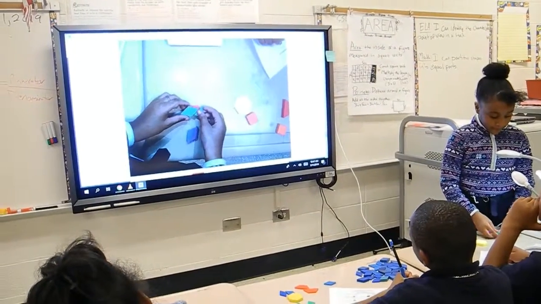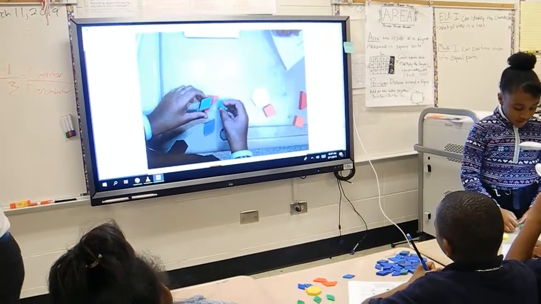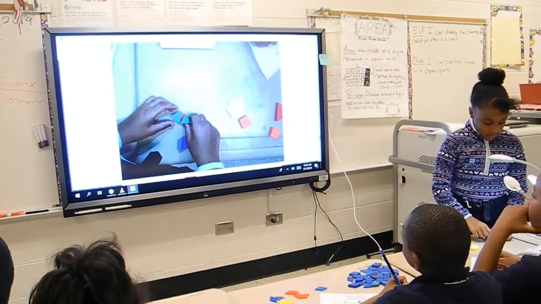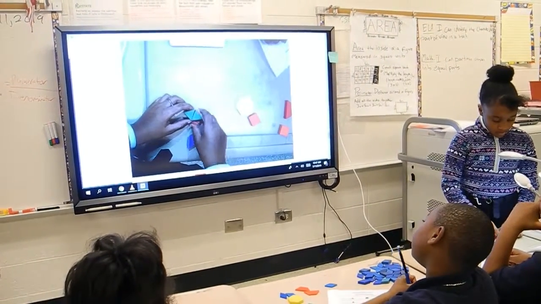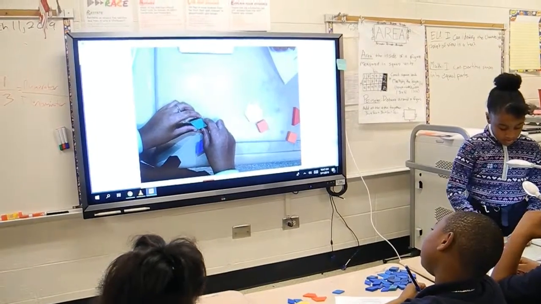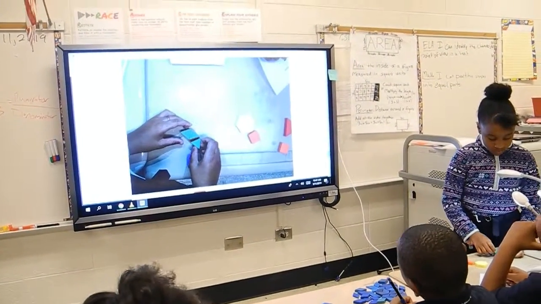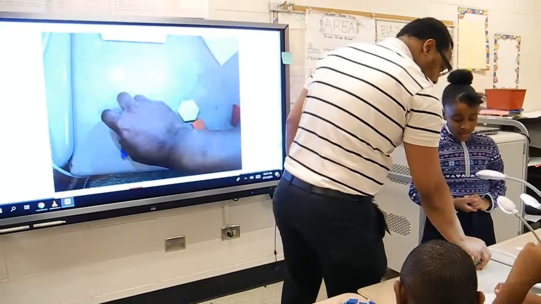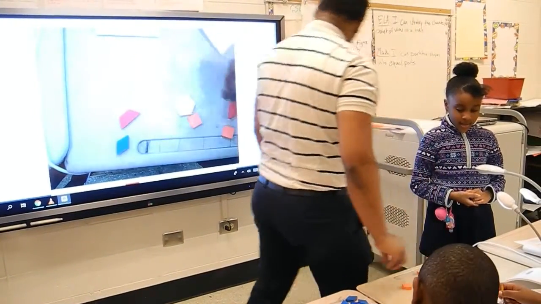We on number 2. We're trying to find out how many triangles are in one trapezoid. So she took her trapezoid, right? You see her trapezoid?